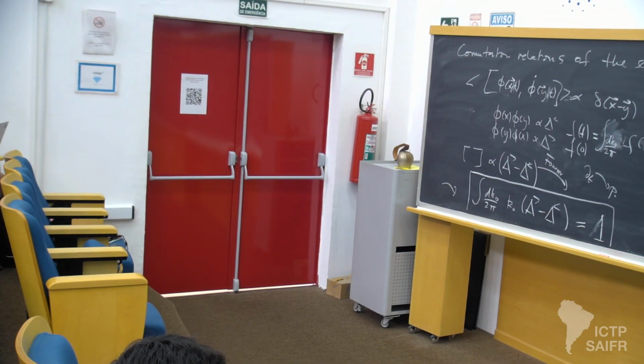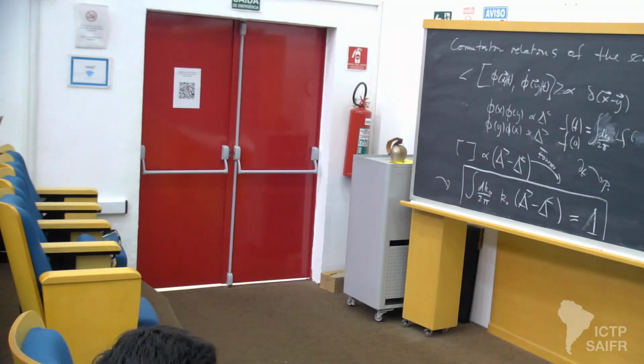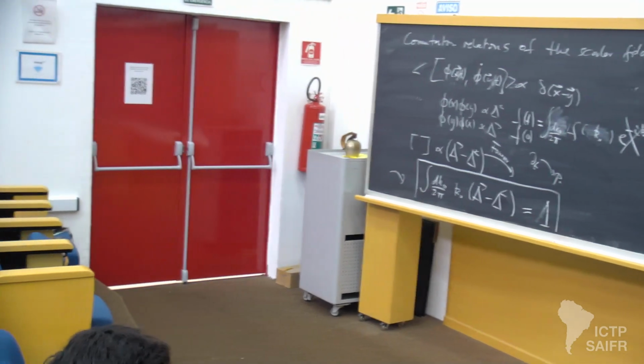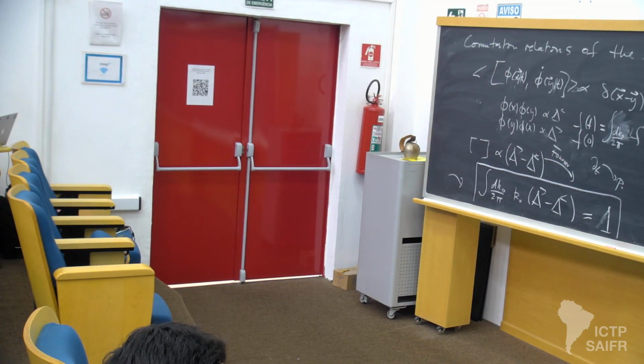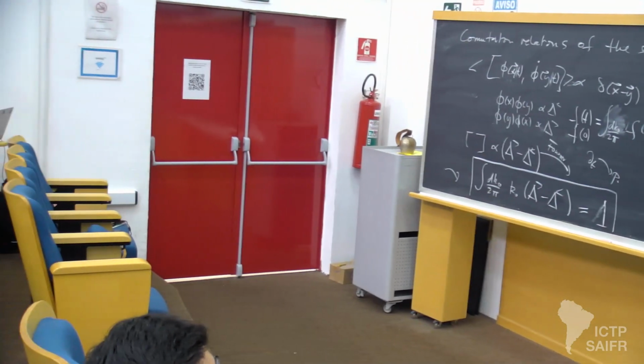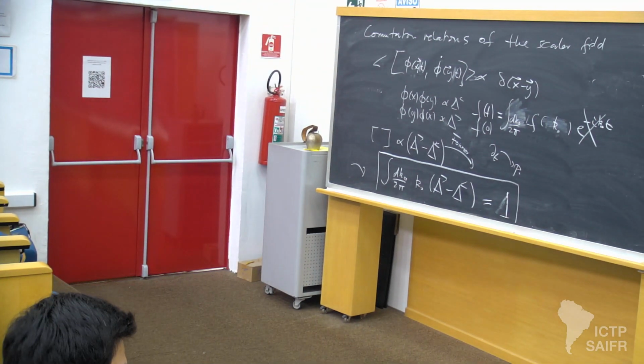So this means that this delta less is proportional to an on-shell constraint, and that the distribution function is given by the conventional Bose-Einstein distribution function. All right. So everything seems fine.